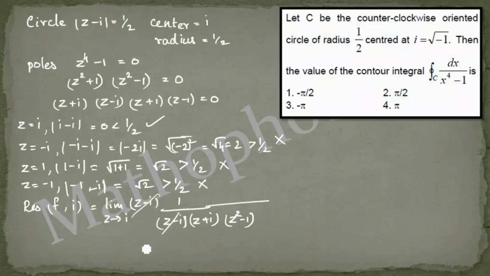So in the point cancel ஆயிரும். Next z is equal to i substitute பண்ண we will get 1 by 2i into, இங்கே i substitute பண்ண i square is minus 1, so minus 2, minus 1 plus minus 1 is minus 2. So this is equal to 1 by minus 4i, that is minus 1 by 4i.